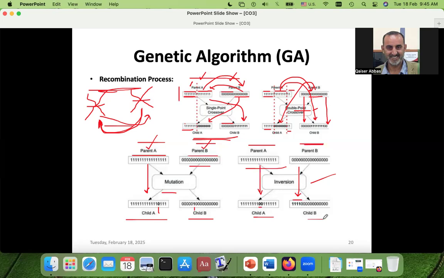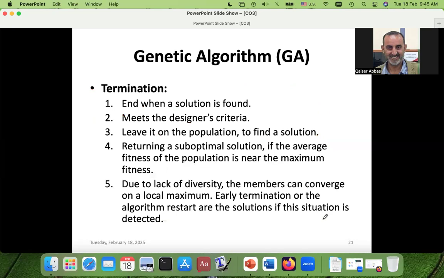So your genetic algorithm can perform any one of these three or any two of them. It depends. I will start next from here, because this is the termination criteria.